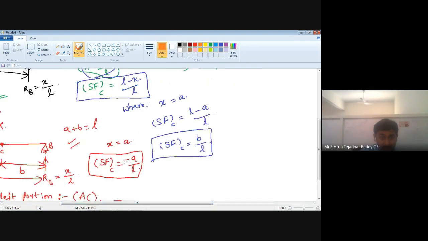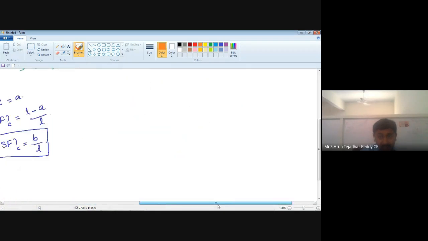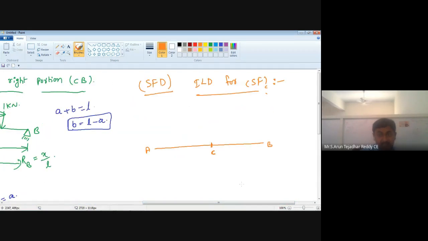One is minus A by L. It means sign convention: minus means below the beam, so our shear force diagram will be below the beam. Plus means it's above the beam.